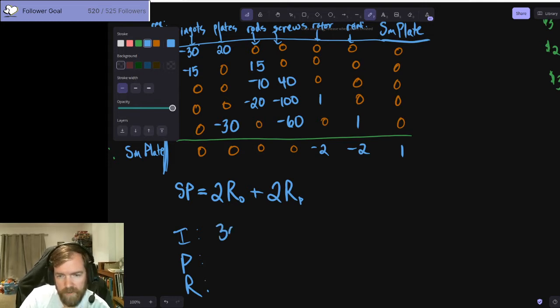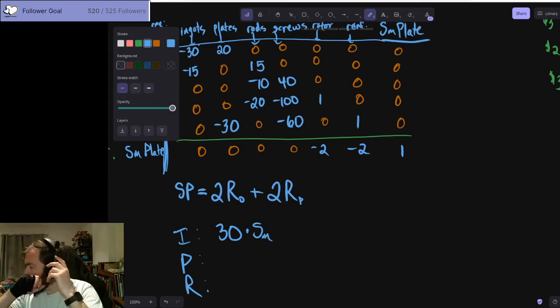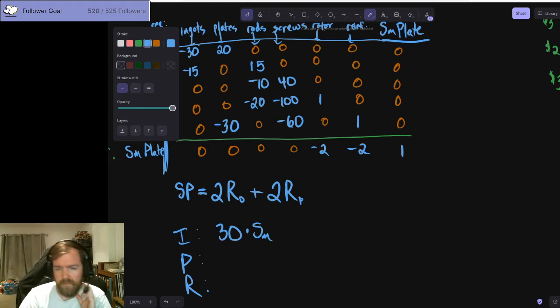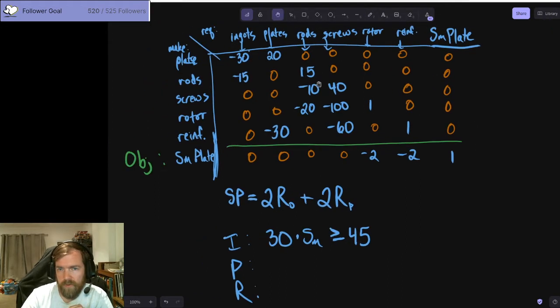So you've got 30 times the number of smelters, which then needs to be greater than or equal to our total necessary usage of ingots, which is going to be 45. Right, so through plates and rods, we need at least 45 ingots per minute times whatever else we need going down the line.